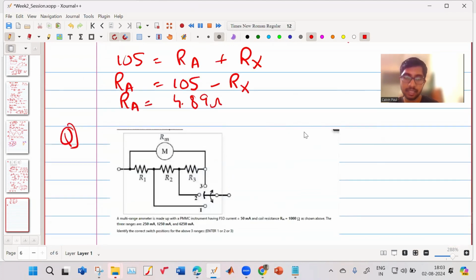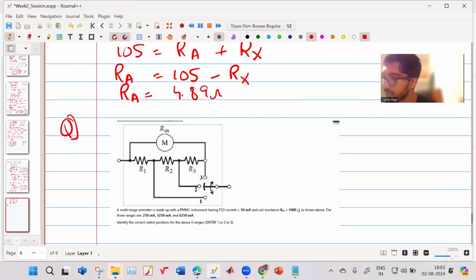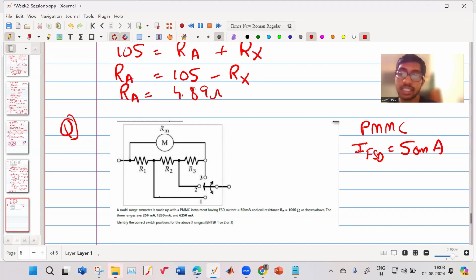So now let us read this question. A multi-range ammeter is made up with a PMMC instrument. The current of full scale deflection is 50 milliampere, and the coil resistance Rm is 1000 ohm.